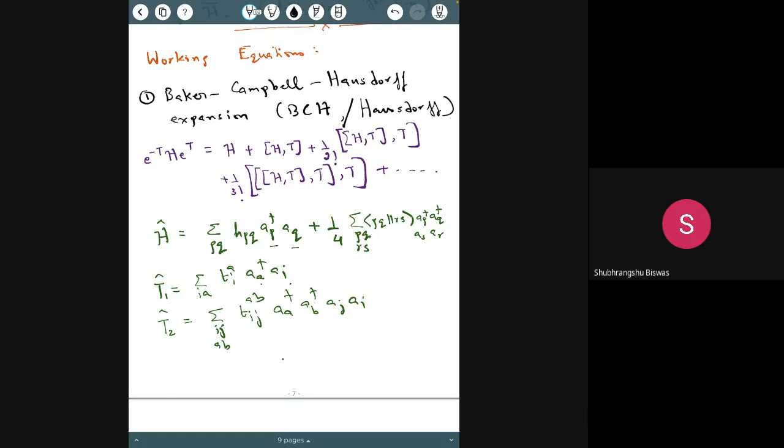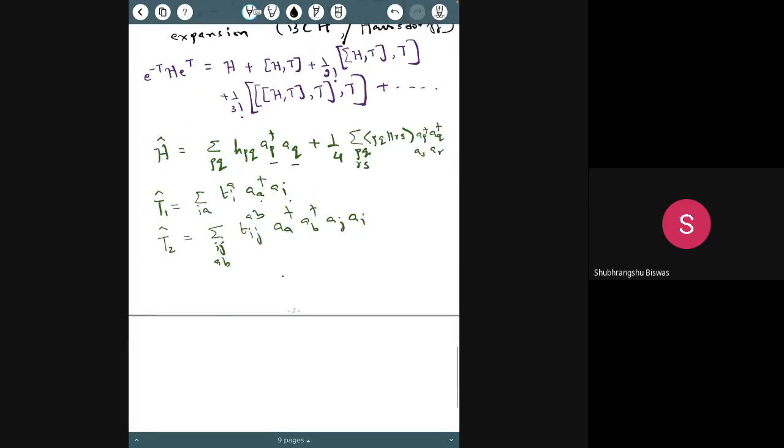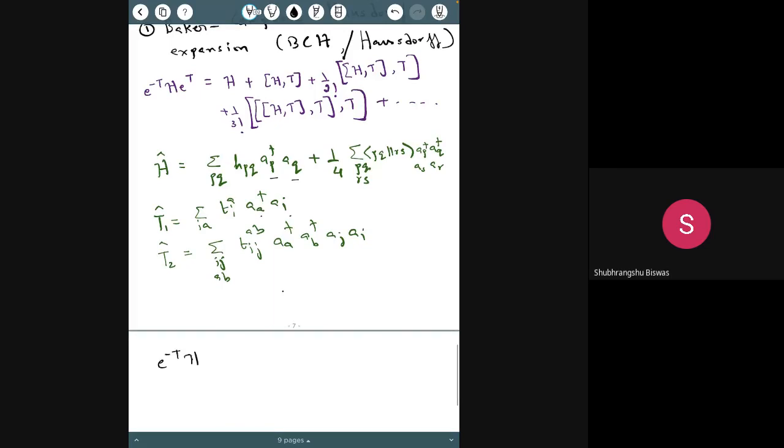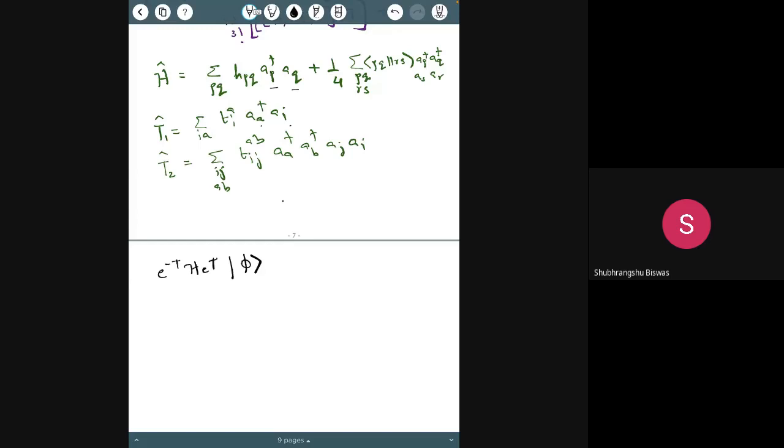And when you apply the anti-commutation rules of creation and annihilation, so if I am going to evaluate, for example, the action of this on phi, like we have done before, we would want to move the AI dagger-like things to the right to annihilate phi, or AA, so annihilation of electrons in virtual orbitals or creation of electrons in occupied orbitals.